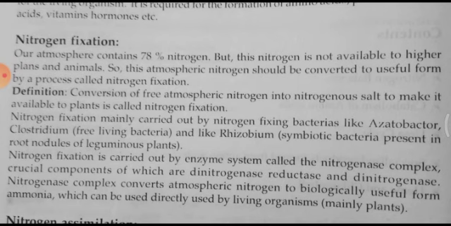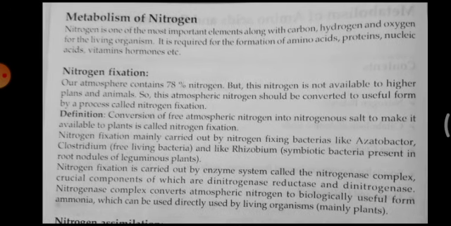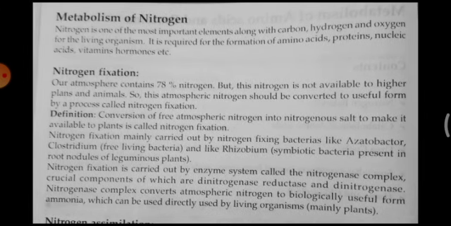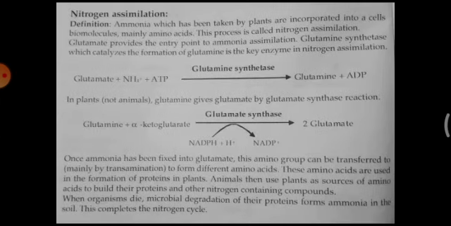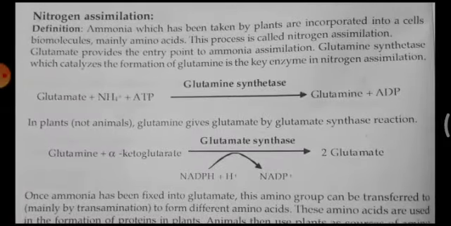Nitrogenase complex converts atmospheric nitrogen to a biologically useful form, that is ammonia, which can be used directly by living organisms. So this is about nitrogen fixation, where it is converted to ammonia form and later it is converted to various nitrogen based biomolecules. Let us see nitrogen assimilation.